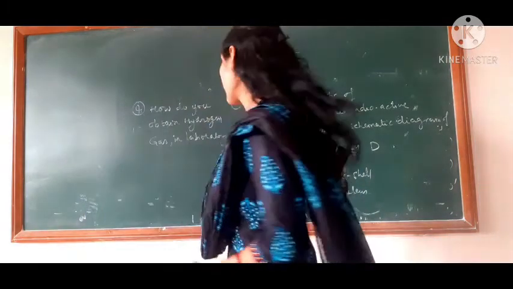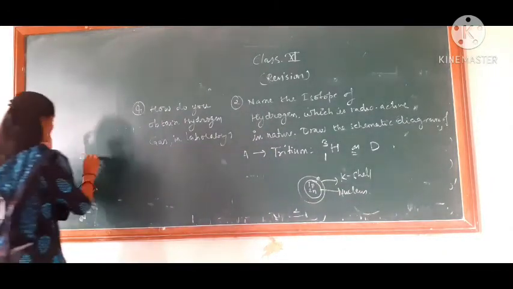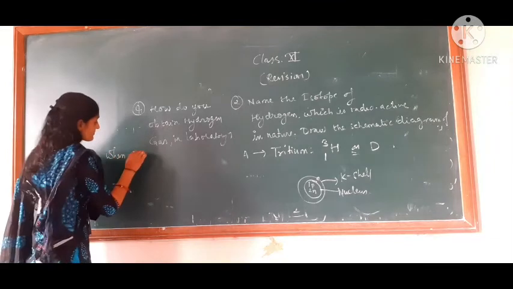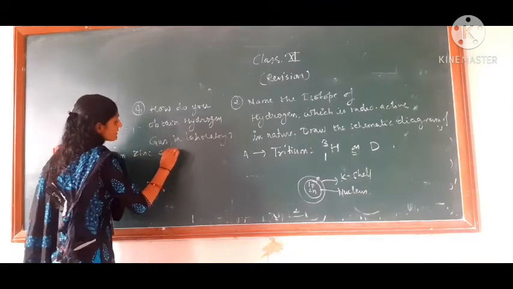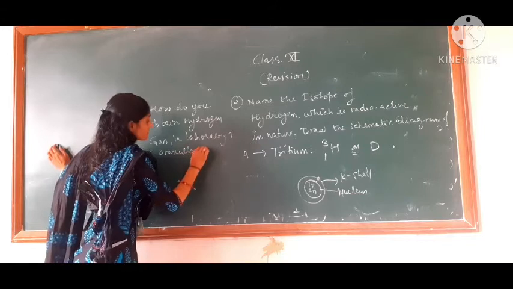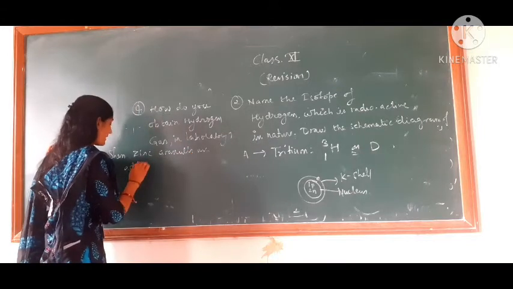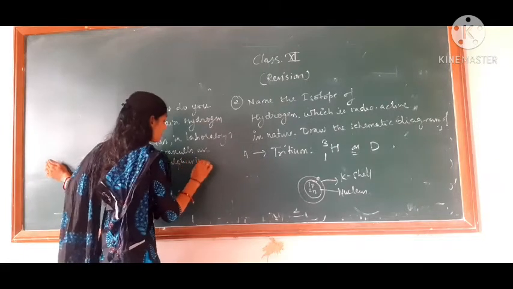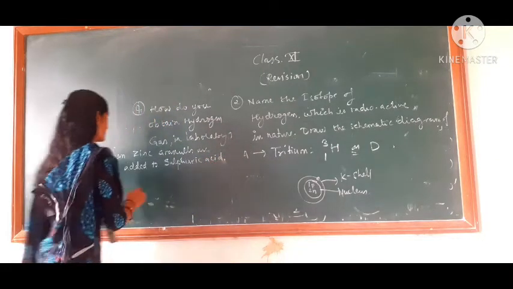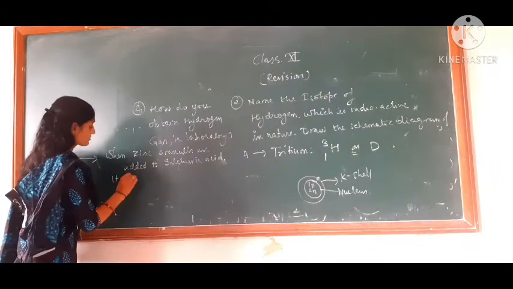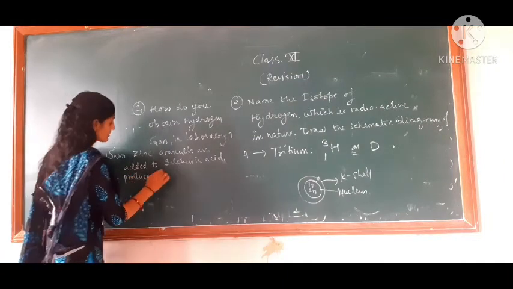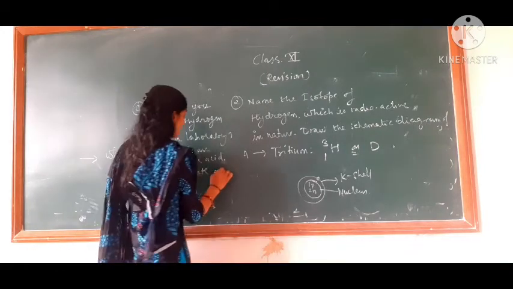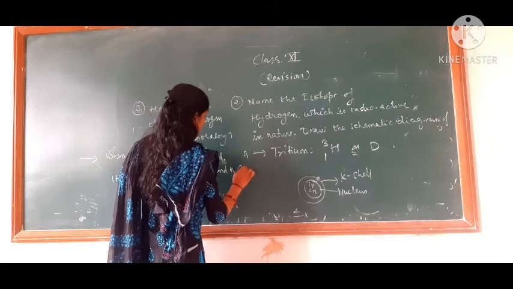So we write the word equation first. We write the statement that when zinc granules are added to either sulfuric acid or hydrochloric acid, it produces zinc sulfate and hydrogen gas.